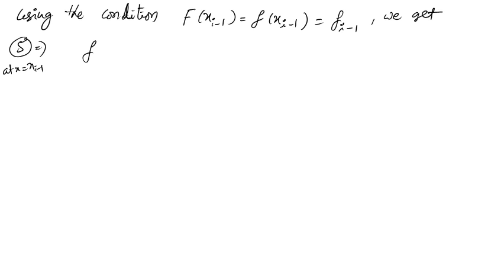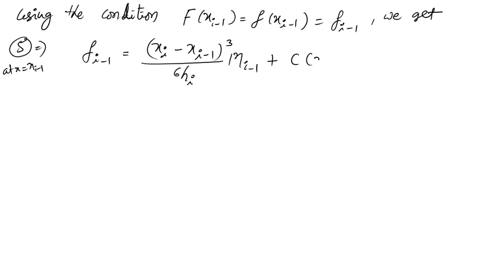Equation 5 becomes: this is small f_{i-1}, equals (x_i - x_{i-1}) whole cube by 6 h_i M_{i-1}, plus the next term will be 0, so the remaining part after substitution is c times (x_i - x_{i-1}).